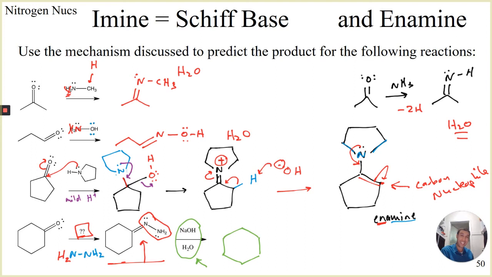You might be like, well, you just drew the ring. Exactly. Okay. That sequence of reagents, step 1 hydrazine, step 2 sodium hydroxide and water, results in the complete removal of the carbonyl. Okay. We have no more pi bond there. Okay. And it's now fully reduced down to our alkane.